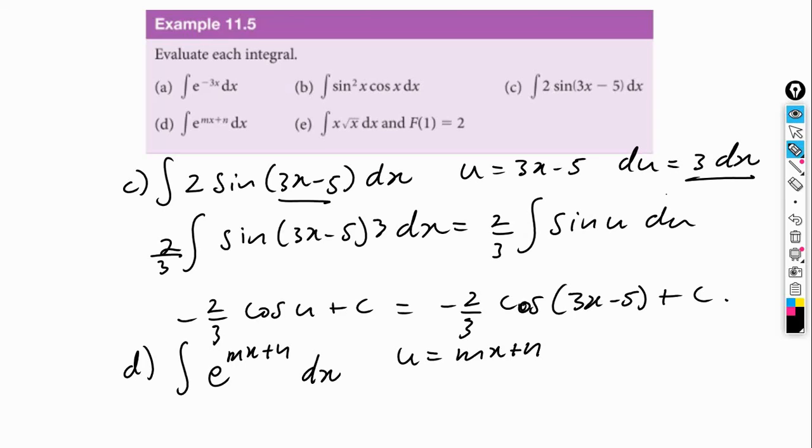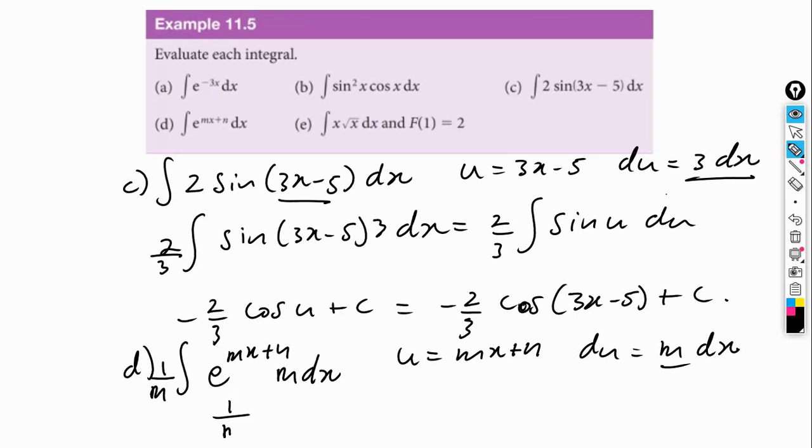Now don't worry about m and n because m and n are simply constants. Then treat them as such. So you know that the derivative of u is going to be m dx, all right? So we don't have m, therefore we need to put an m here and then divide by m, or multiply by 1 over m. And we can do the substitution.